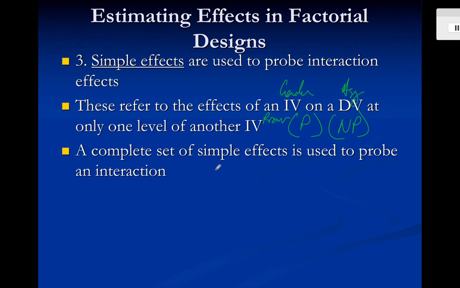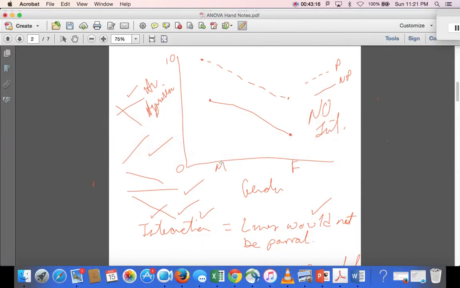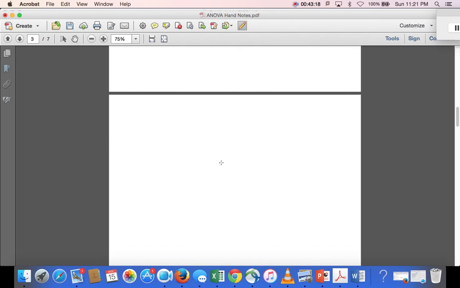We essentially say the following, and again, using that same sentence, and here I'll write it on our other page. So for simple effects, we want to create sets, okay? Now, how many sets are you going to work with? The sets depend on the number of IVs that you have.